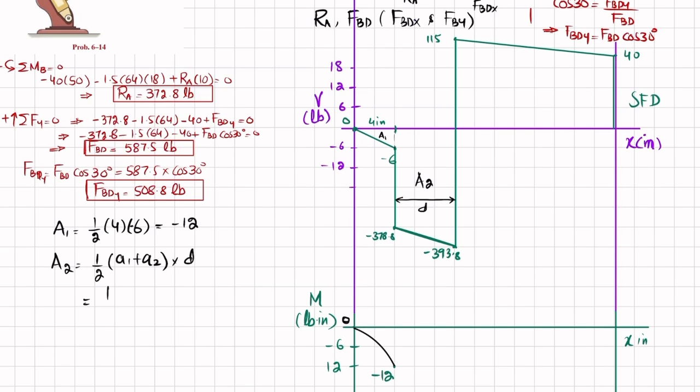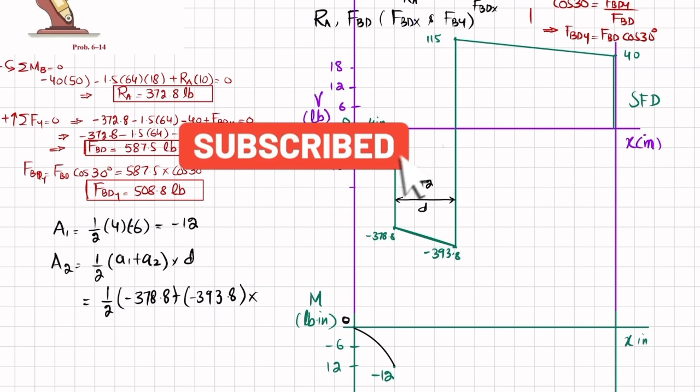So by using this formula, 1 over 2, A1 is minus 378.8 plus the second length, minus 393.8, multiplied by the distance between these two.